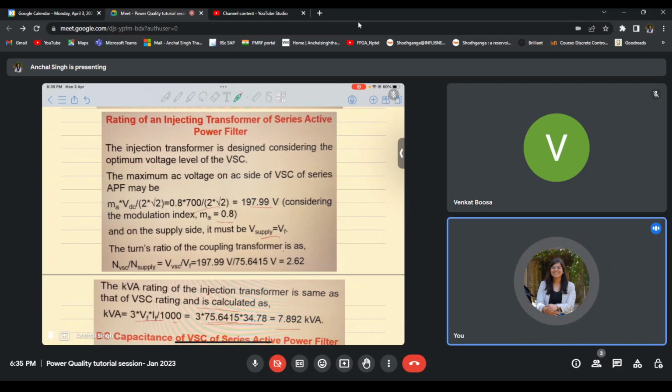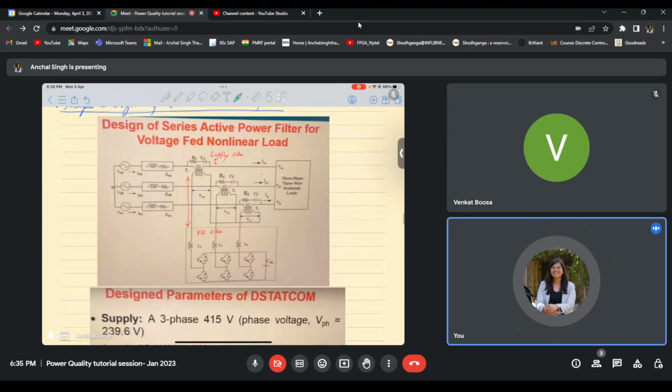So in order to find these, you divide the voltages on the two sides. In this diagram, there are two sides: one is the supply side, another one is the voltage source converter side. So in order to design this transformer, you find the voltage which is needed at this point.